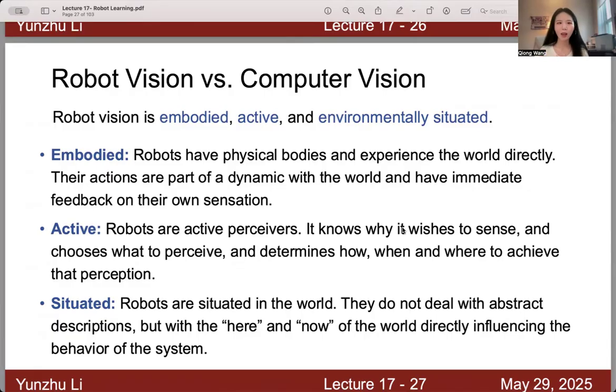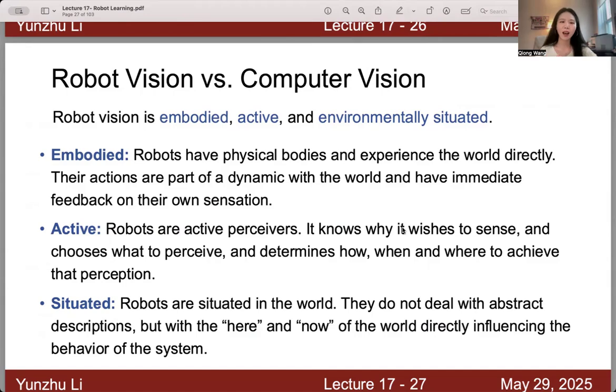The first one is embodied. Robots have physical bodies and experience the world directly. Their actions are part of the dynamics with the world and have immediate feedback on their own sensations.